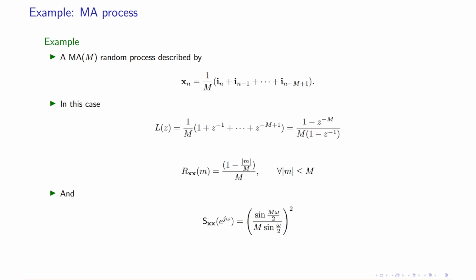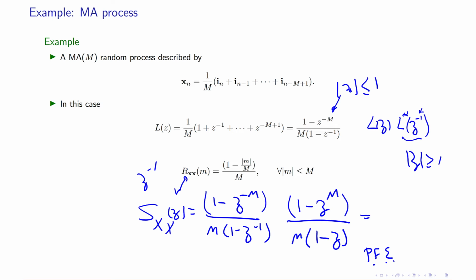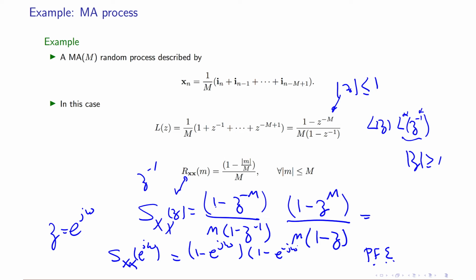Now, what we got in this expression, if you replace Z equal to e to the power j omega, you get Sxx of e to the power j omega, or power spectral density. So we get 1 minus e to the power j omega times 1 minus e to the power minus j omega, and then times m, and then you write the rest of it.